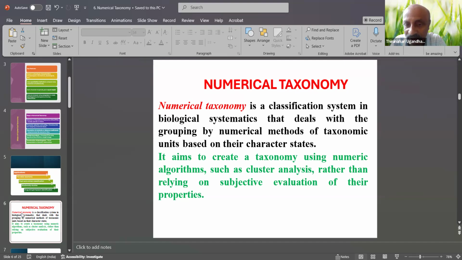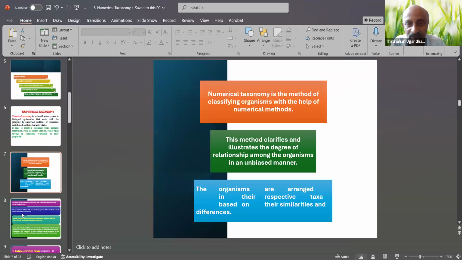It aims to create a taxonomy using numerical algorithms, such as cluster analysis, rather than relying on subjective evaluation of their properties. Subjective evaluation is one character. Numerical taxonomy is a method of classifying organisms with the help of numerical and countable methods.